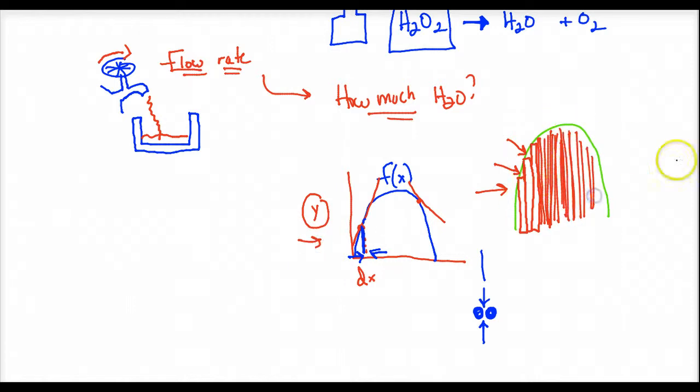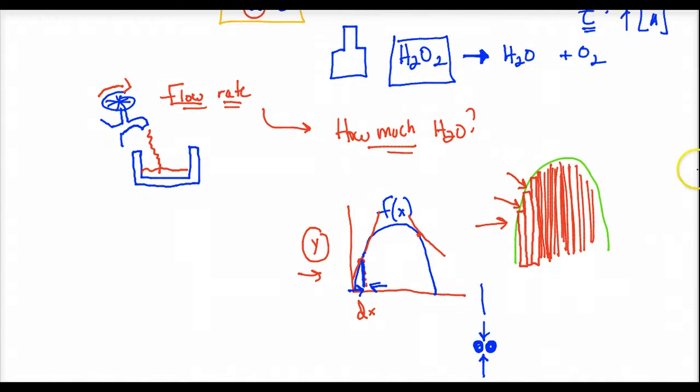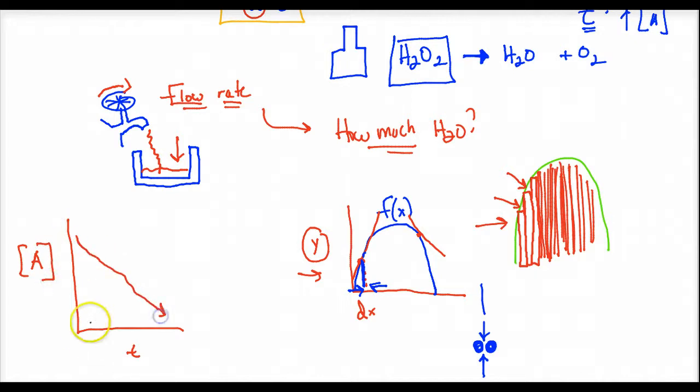And you say, well, okay, that sounds interesting, but how does it help me as a chemist? Well, if I'm trying to figure out how much water is coming in, think with me for a second. If I have time and I have concentration now of A, which is my reactant, and I know that concentration goes down over time, all right? And I don't know the function, I'm just guessing here.